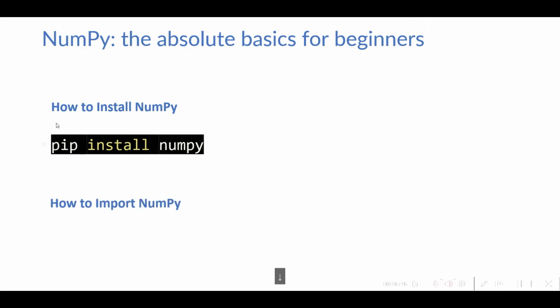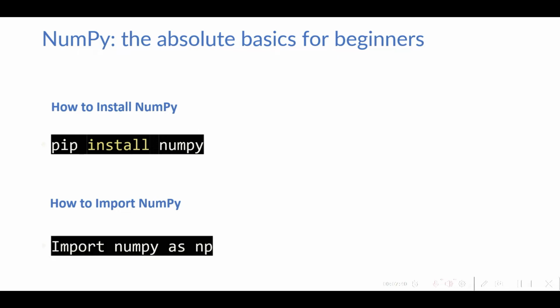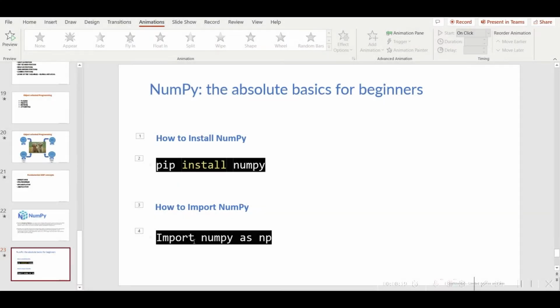Now, how to import Numpy in your Jupyter notebook? It is not preloaded in your Jupyter notebook. You have to explicitly import it to use it. So: import numpy as np. This np is basically an alias. This is a standard thing that every Python programmer uses. Basically, what happens in the background is you are importing this Numpy module into your own Jupyter notebook.